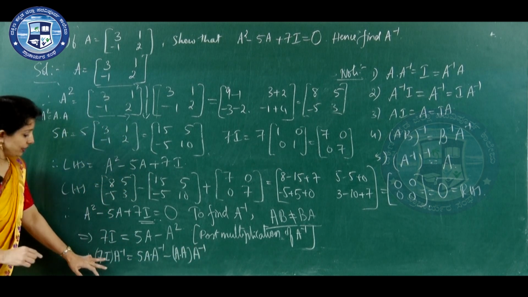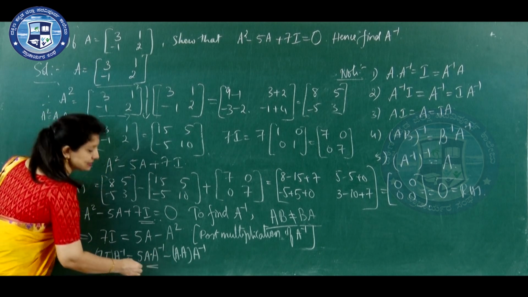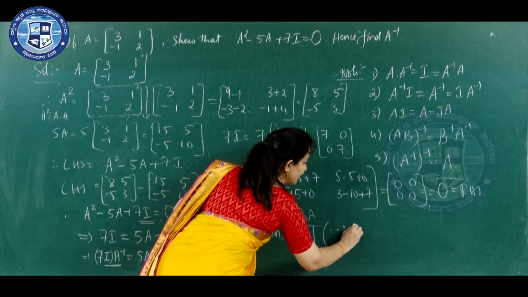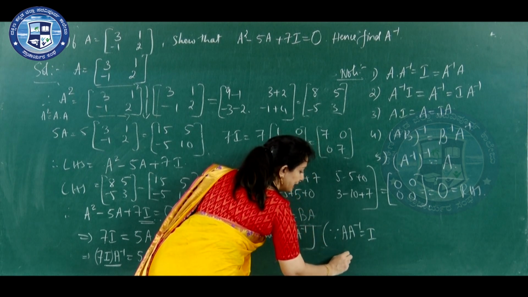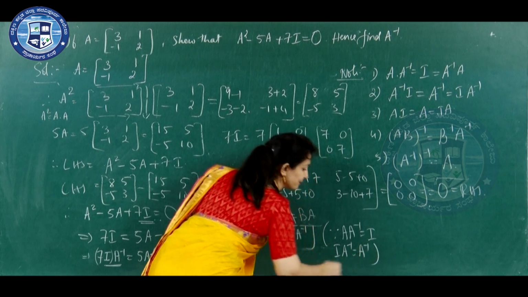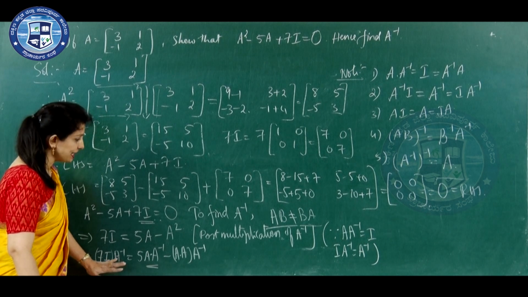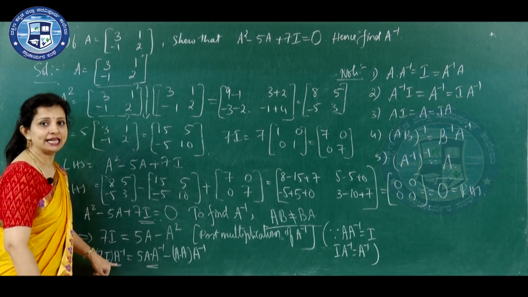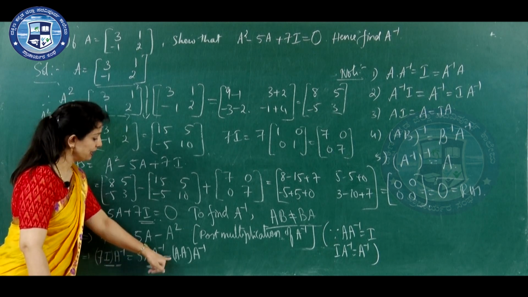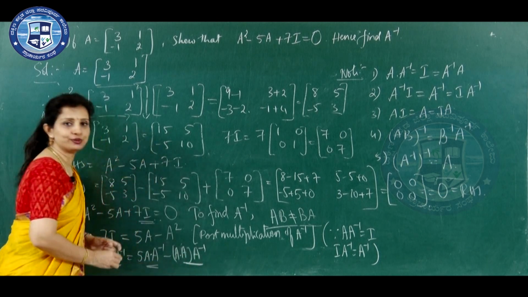Now you can group I into A inverse together. We have the property A into A inverse is equal to I, and I into A inverse is equal to A inverse itself. Using these two properties, we solve: I into A inverse is A inverse. We apply the associative property, which is true for matrix multiplication, and group the next two together.